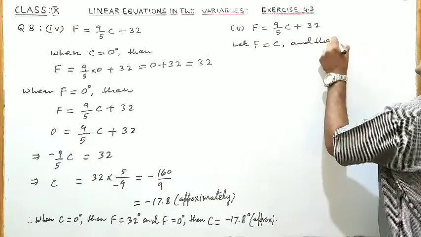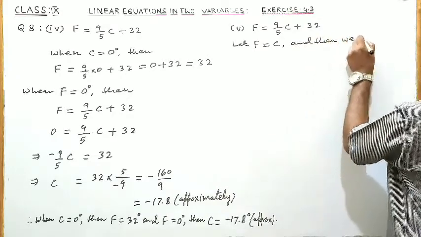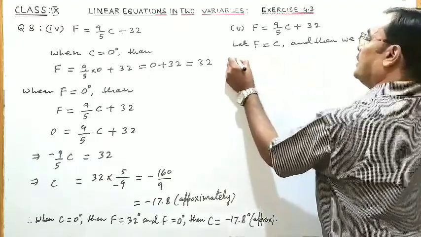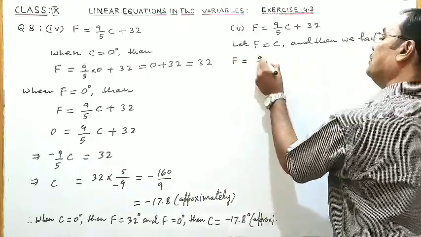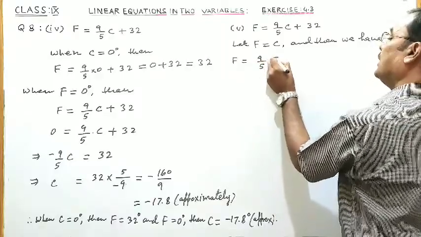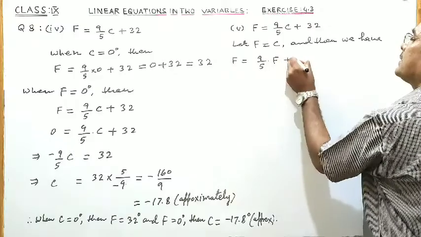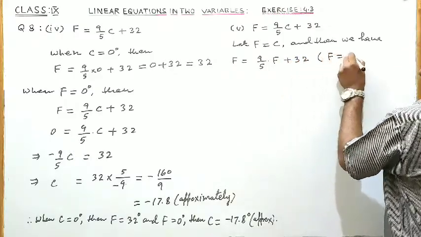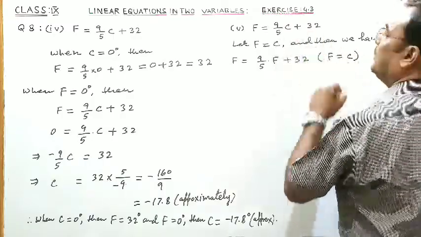and then we have F is equal to 9 by 5 into F plus 32, because F is equal to C we have assumed.